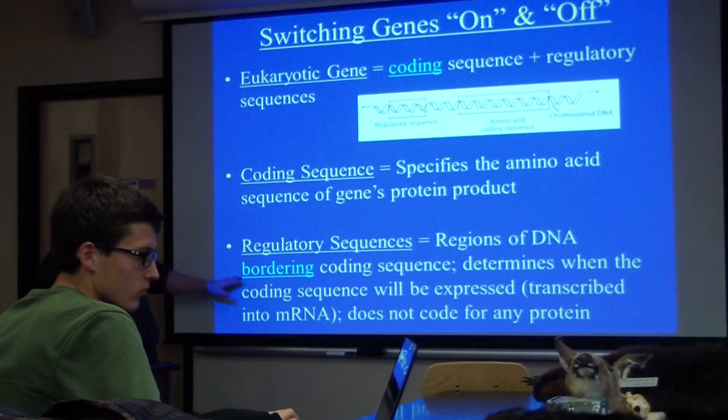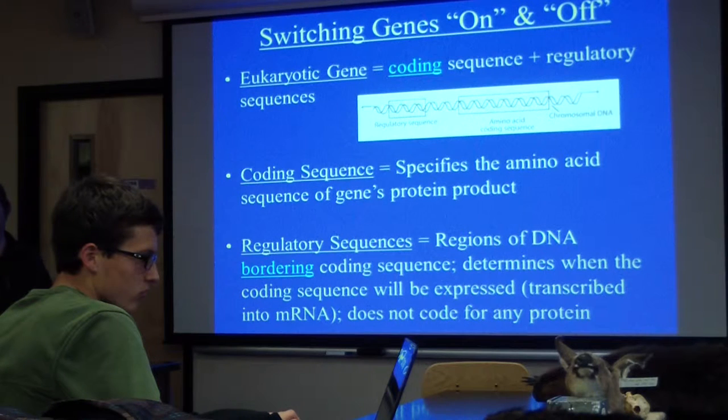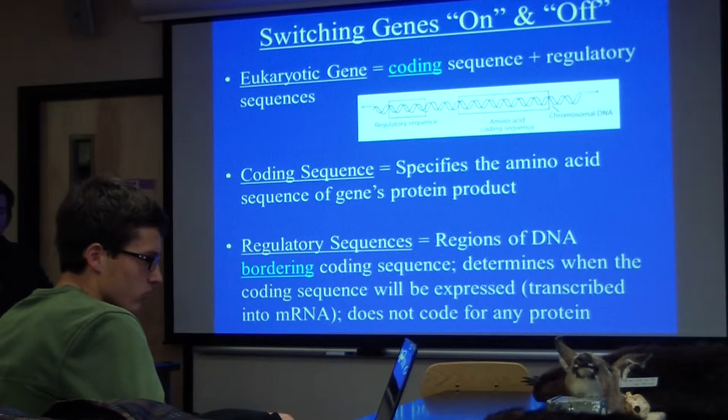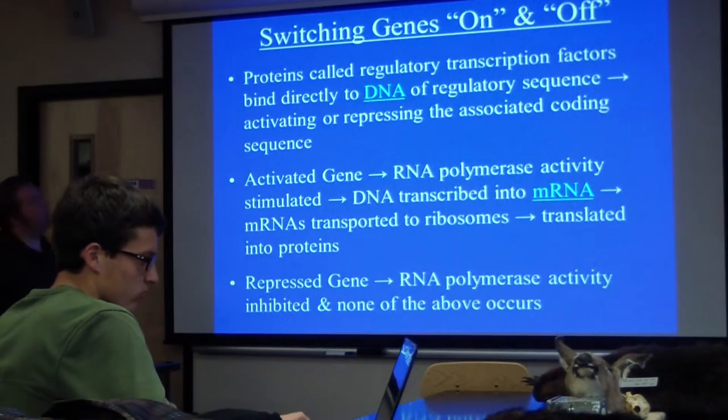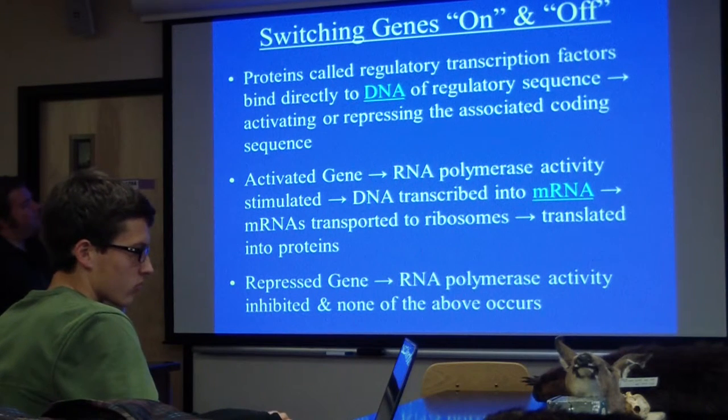The regulatory sequence itself, however, does not have any protein code there. It's really a switch to turn that coding region on or off, or to determine when that coding region will be transcribed and then translated into a protein. Okay, so I think that's a review for a lot of you.